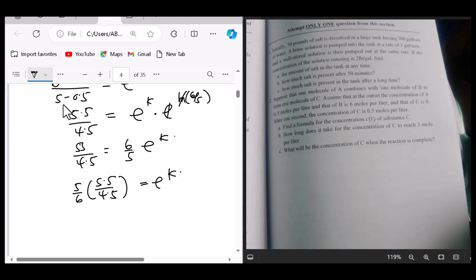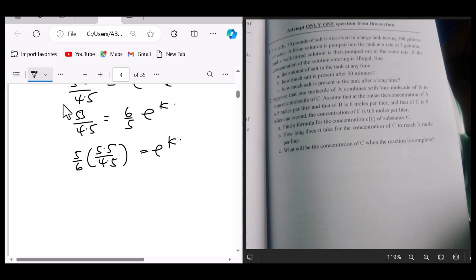So my k equals ln of 5 over 6 times (5.5 over 4.5). So this 4.5, close this.